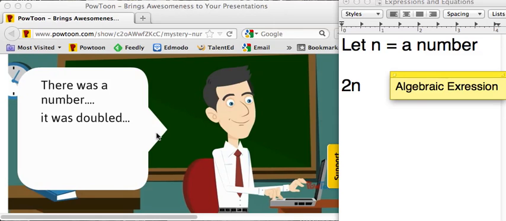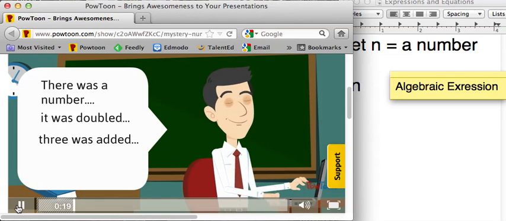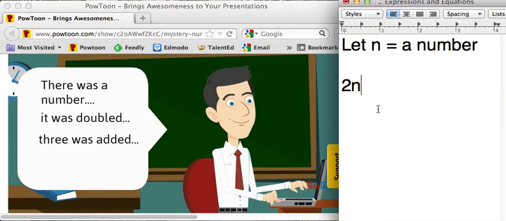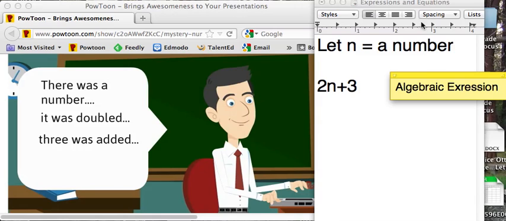Let's see what else happened to our mystery number. 3 was added to it, so we're going to add 3 to it. This is still an expression. This is still an algebraic expression.